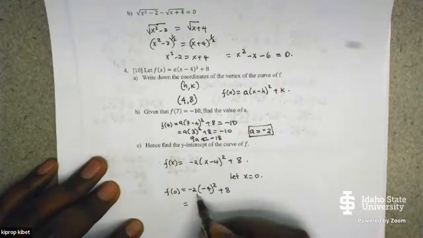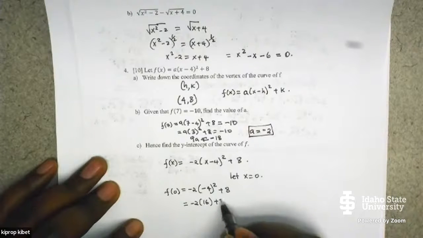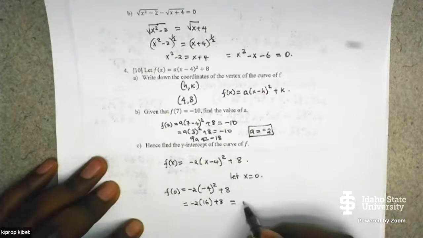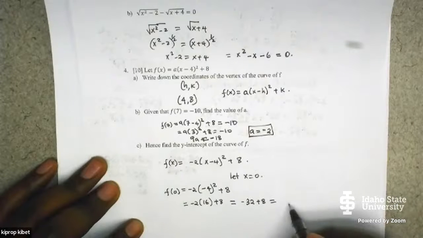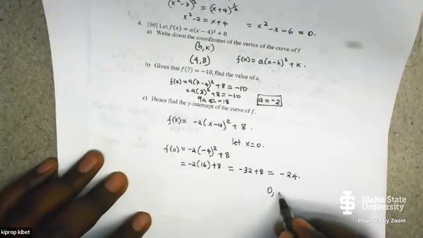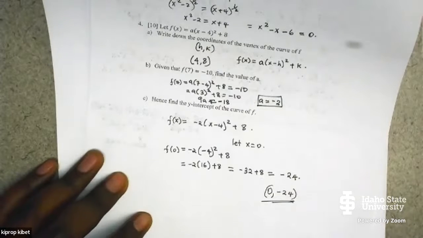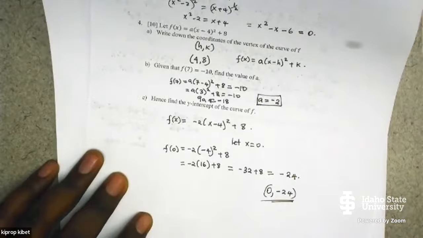So this is equals to minus 2 times 16 plus 8. This is the same as minus 32 plus 8, which is giving us what? Minus what? So our y-intercept is what? 0 and minus 24. So simple, right?